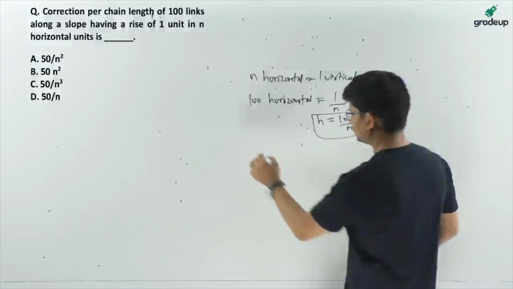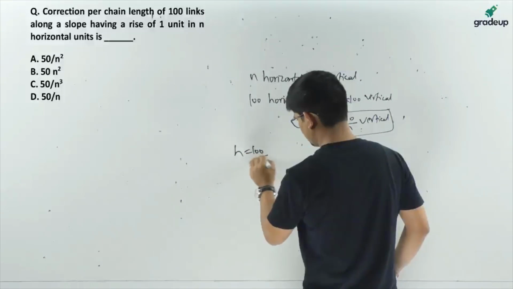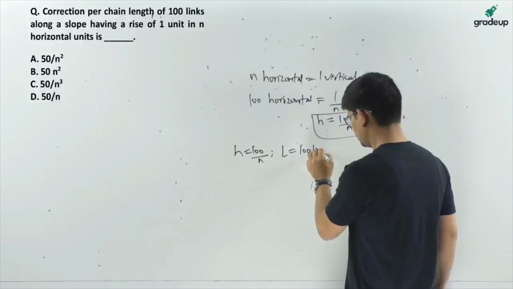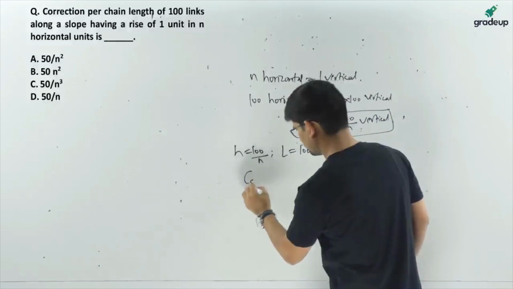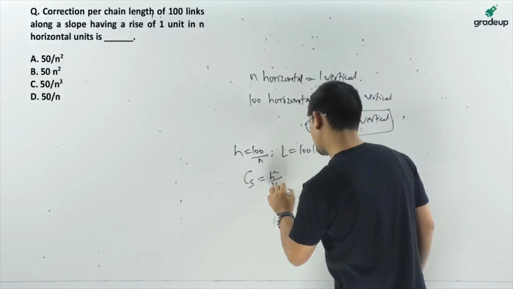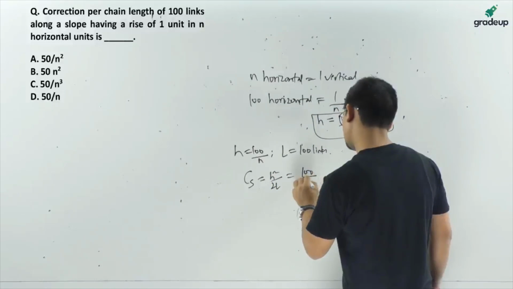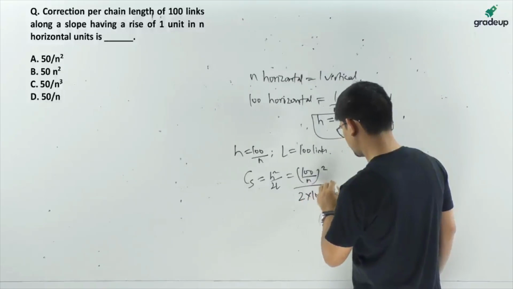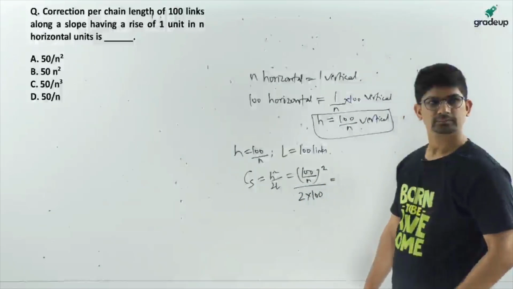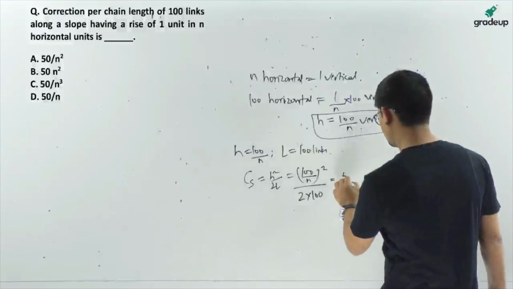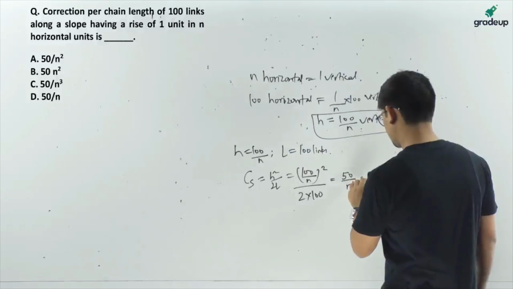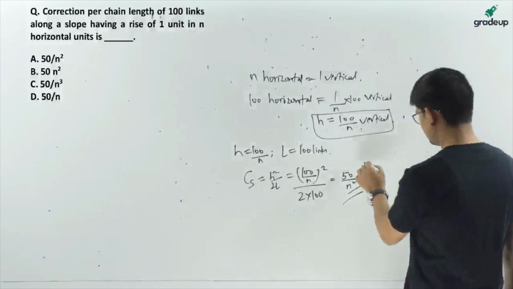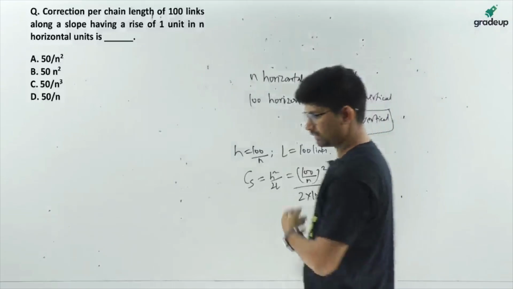So h is 100 by n and L is 100 links. So slope correction is h square by 2L, 100 upon n whole square divided by 2 into 100. So it will be 50 by n square. So 50 by n square is A, which is the correct answer.